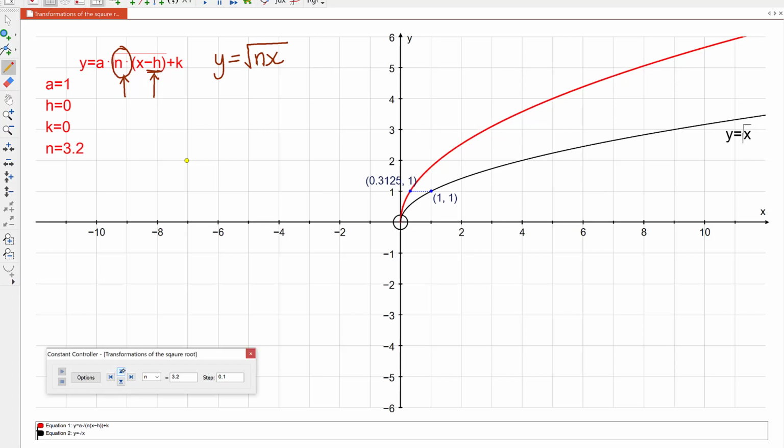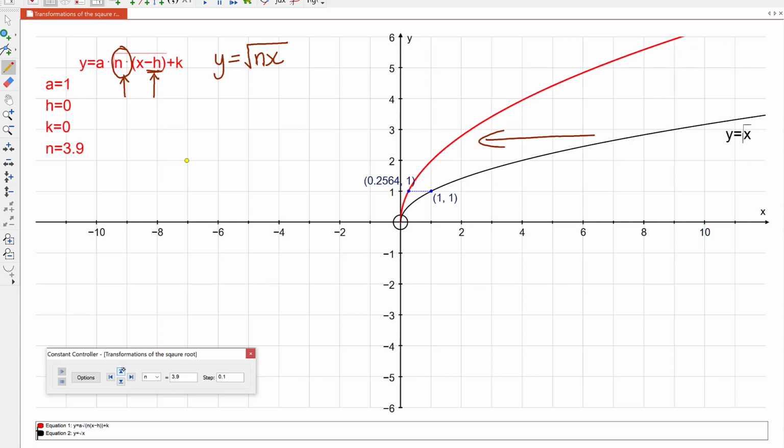So as we make n bigger, if we're looking at dilation from the y-axis, the graph is being squashed towards the y-axis. The x-coordinates aren't being made bigger. The x-coordinates are being made smaller as we make n bigger.